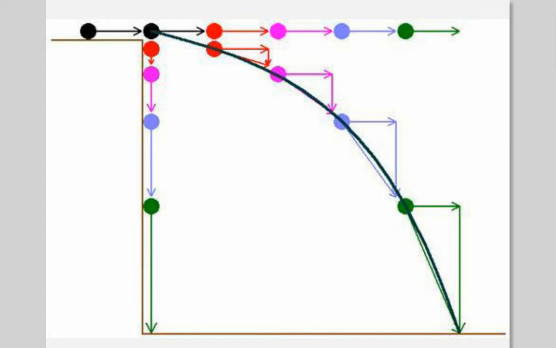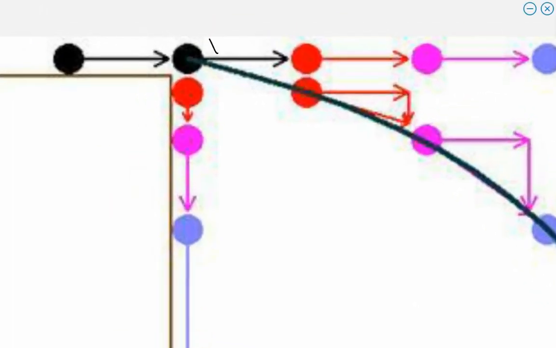The black dot is the initial push, correct? So it has only Vx, and that's what you could write up there, Vx only. Notice that the vertical component at the black dot is not there. There is no vertical component at the black dot.